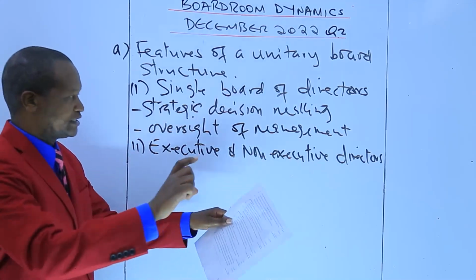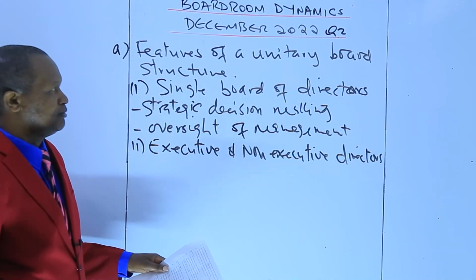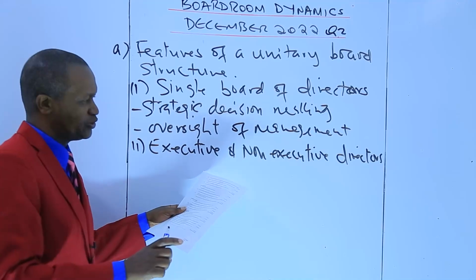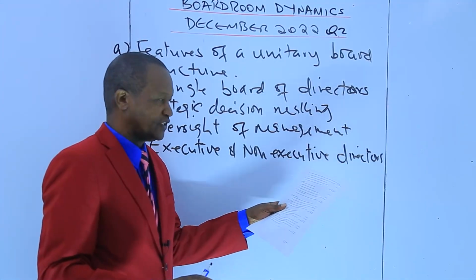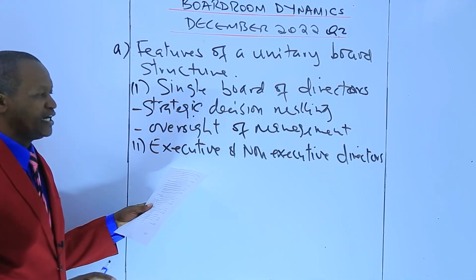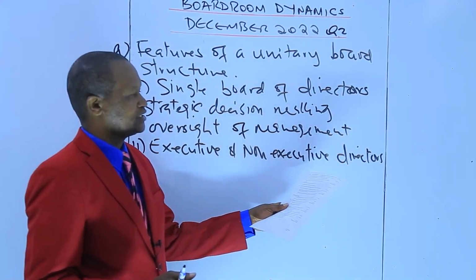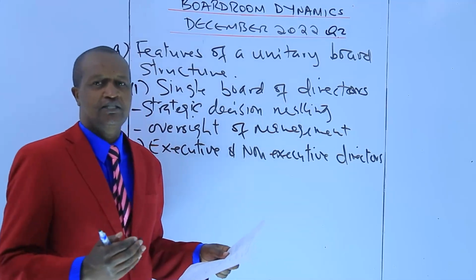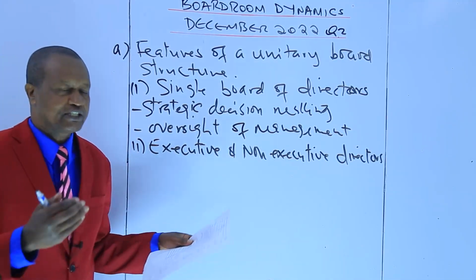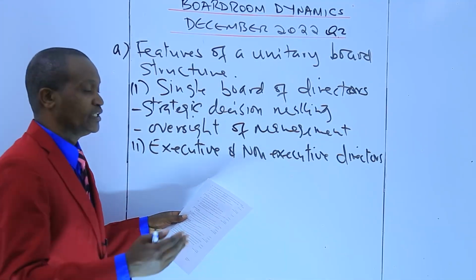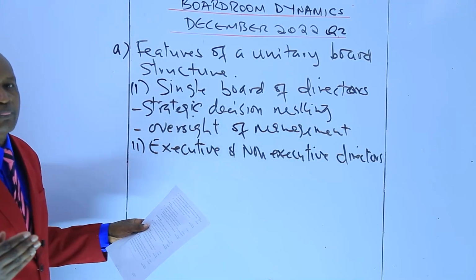So there is that mix of executive and non-executive directors. Executive directors are the ones involved in the day-to-day operations, but the non-executive directors are independent with no direct involvement.